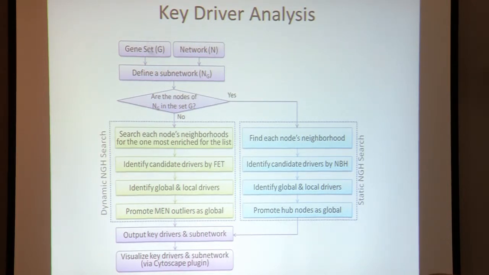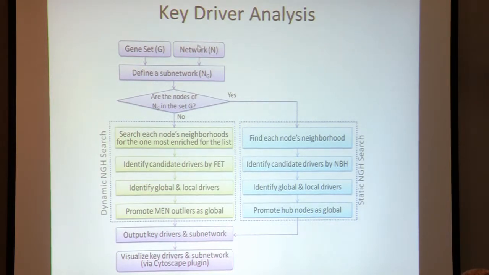And so you want to understand which genes in the gene set, or any other genes outside the gene list, are the drivers for this particular gene set. So the answer lies in the network we are going to use.